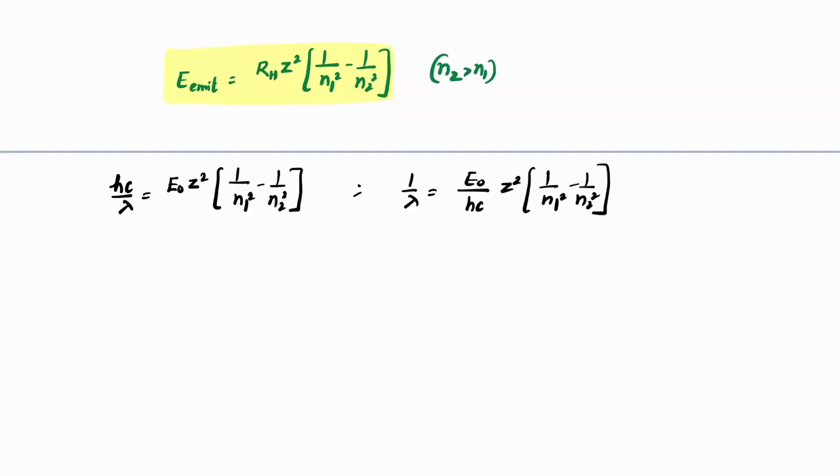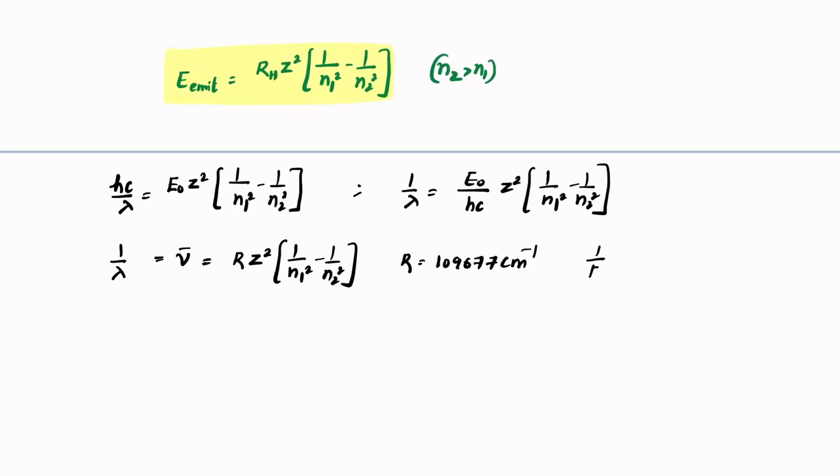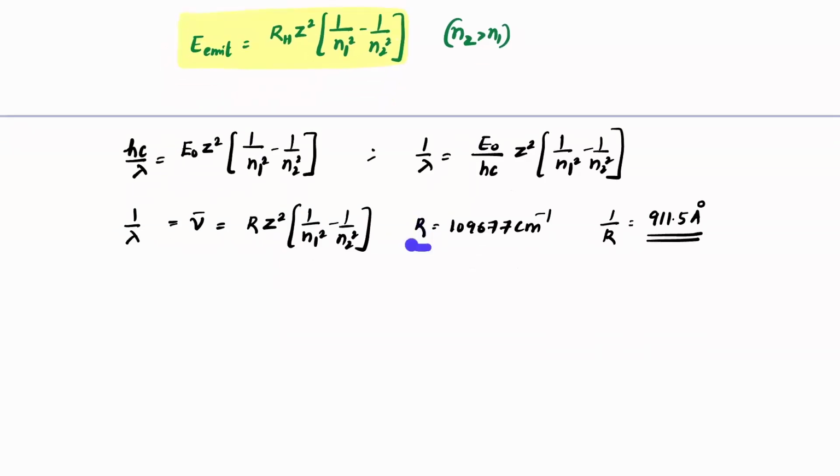So that constant can be written as 1 by lambda, which is nothing but nu bar, the wave number, is equal to R into Z square into 1 by n1 square minus 1 by n2 square. R is that constant value, and the value is 109677 centimeter inverse, or 1 by R value will come to 911.5 Angstrom units. More than the R value, we will always be using the value of 1 by R during problem solving.